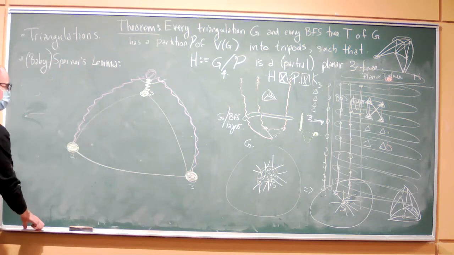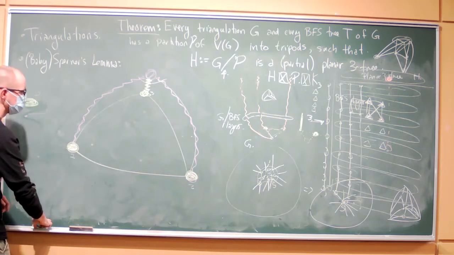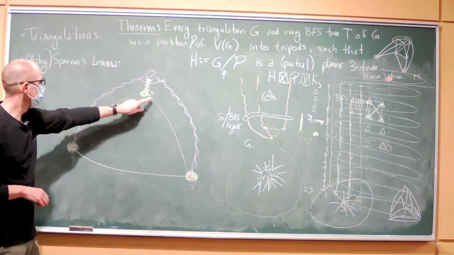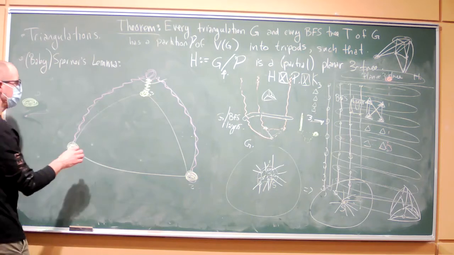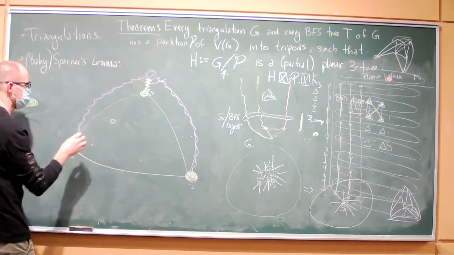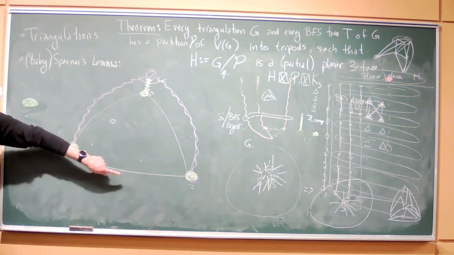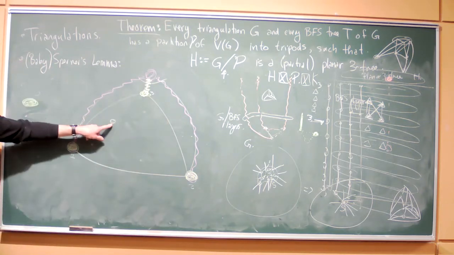Okay, so I've got one thing built so far in my decomposition, the green tripod. So let's call this colors 1, 2, and 3. Now, if I look at any vertex other than these 4 that you see in this picture, so they're all going to be inside this triangle, each one of them is part of the BFS tree.